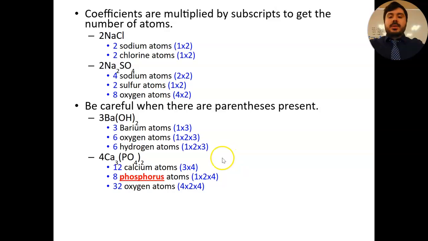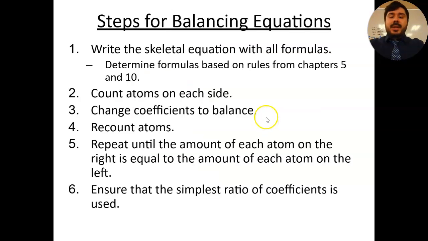How many phosphorus atoms? 8. And how many oxygen atoms? 32 overall, right? Being able to make that determination anytime you come across a formula that has a coefficient, a subscript, parentheses, or all of them, is going to pay dividends when it comes to balancing equations. So let's go through each of these 6 steps.